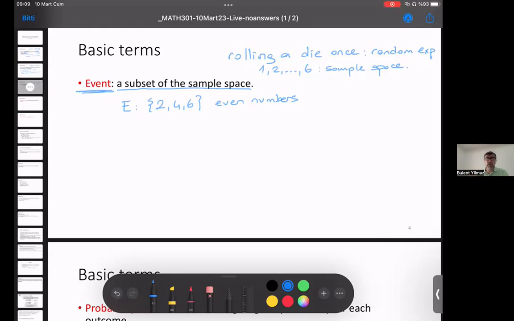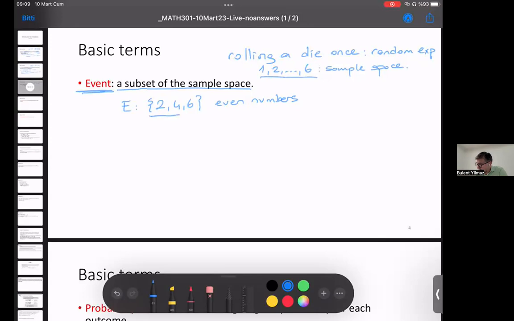When flipping a coin once, or usually when I flip a coin 2 times, an event may be like obtaining heads first, or obtaining tails first. An event is a subset of the sample space. What was the sample space? 1 to 6.